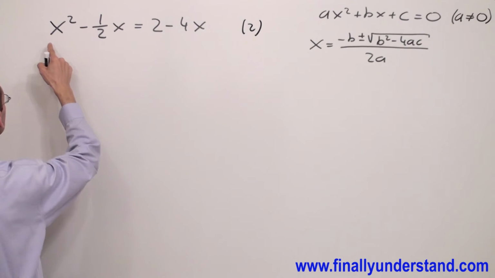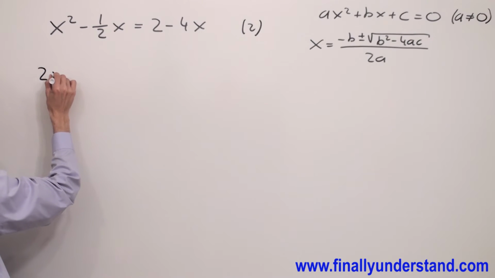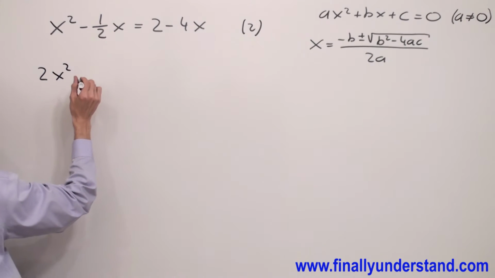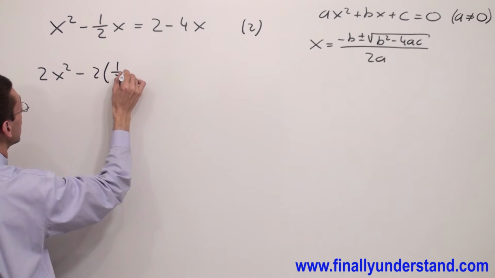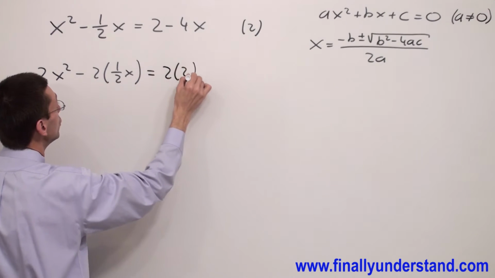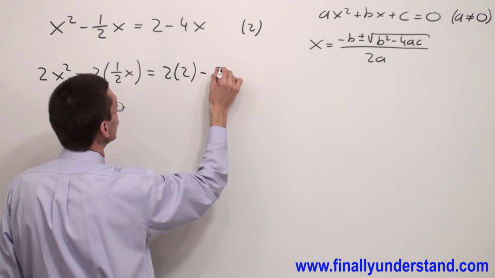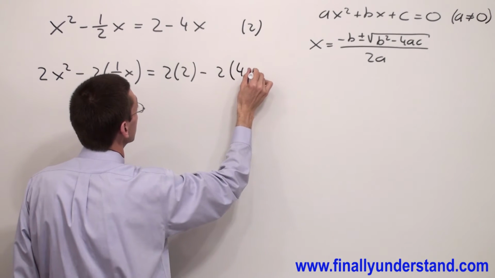So 2 times x squared, I'm going to have 2x squared minus 2 times 1/2 x equals 2 times 2 minus 2 times 4x.